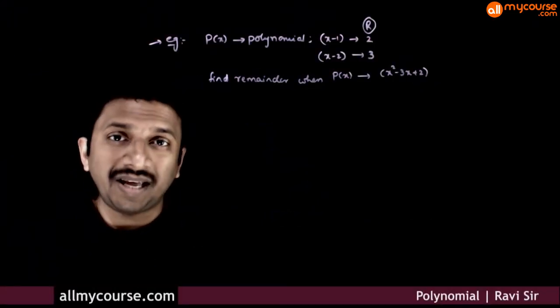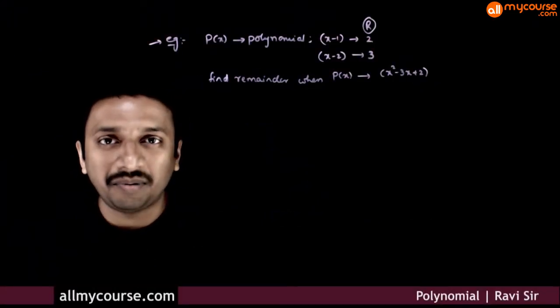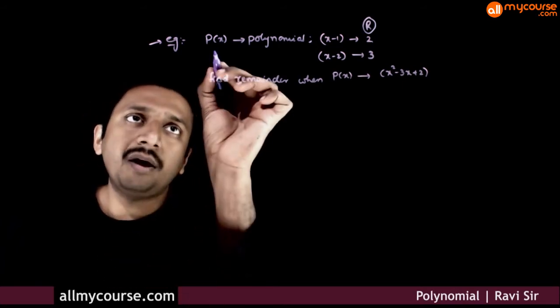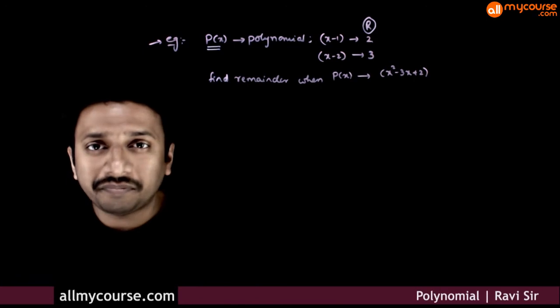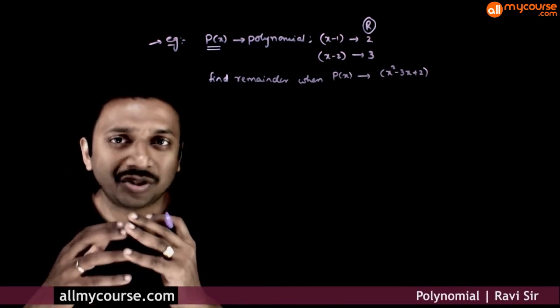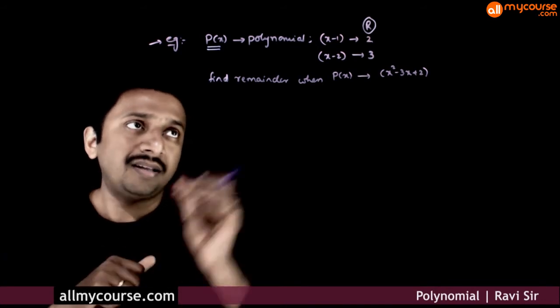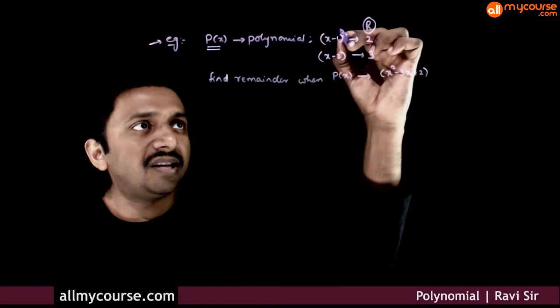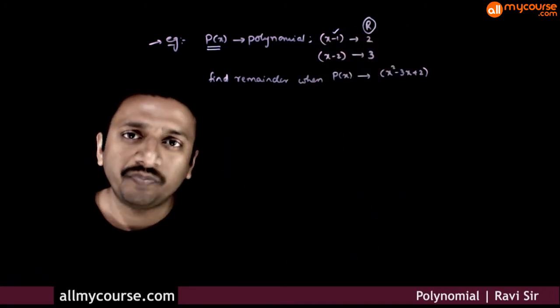So let us look at some examples on remainder theorem and factor theorem. The first example: p of x is a polynomial. I don't know anything about this; the degree is not known. The information given is that if this polynomial p of x is divided by x minus 1, the remainder is equal to 2.